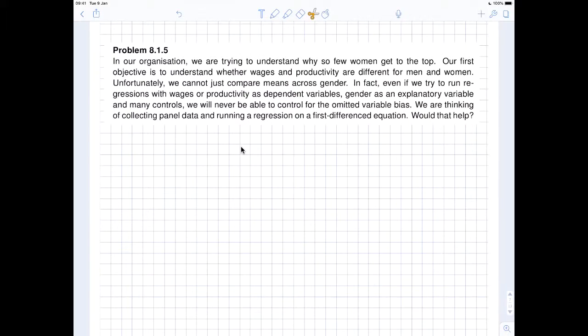Characteristics of panel data and this idea of first differencing or individual fixed effect is that what you are doing is that you're holding constant the fixed effect and you're just looking at the changes of things.